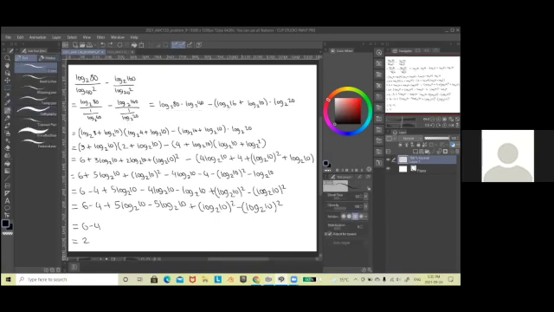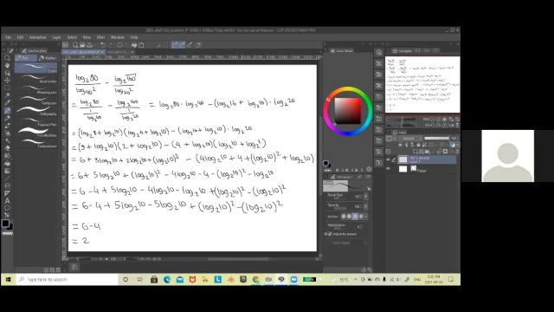Like this. And we can do the same thing for the other one. And we can also split the logarithm by doing 2 multiples of the original number.